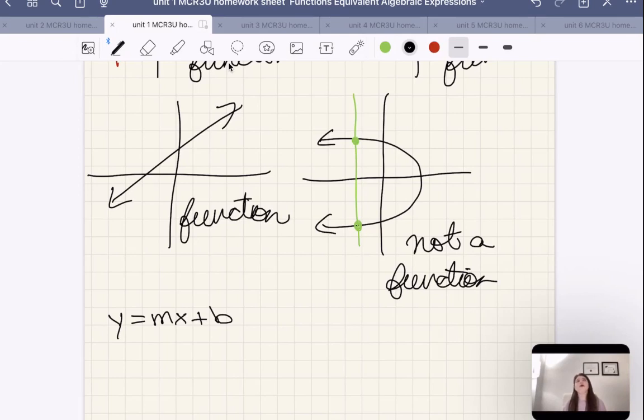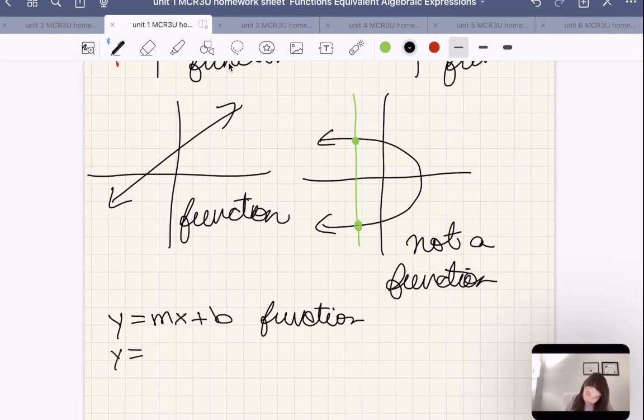Well, no, right? When we multiply two numbers together, there's only one answer. And then when we add two numbers together, same thing, there's only one answer. And so therefore, all lines are functions. So every line is a function except for the vertical line itself. That's the only exception to that rule.